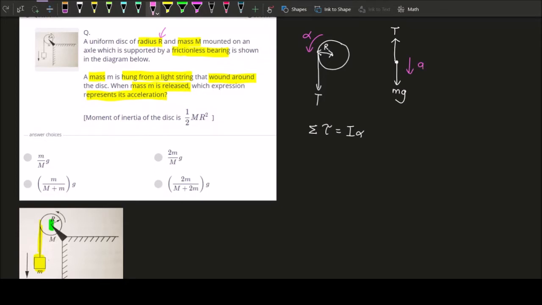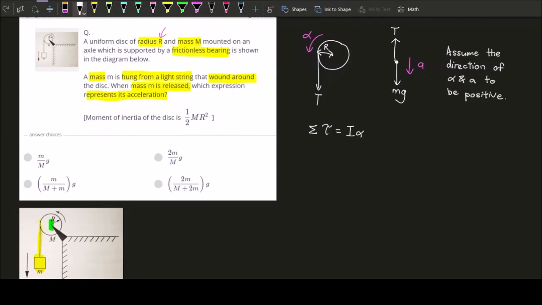So if we have determined the direction of the acceleration, it's recommended that you assume the direction of alpha and a to be positive. Then your calculation will be easier, I think. Okay, it's much easier that way.